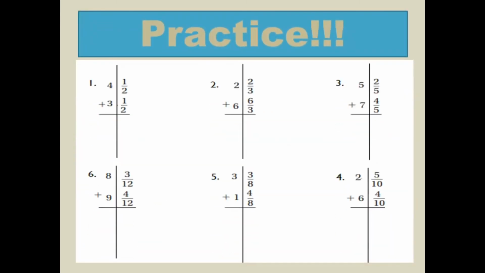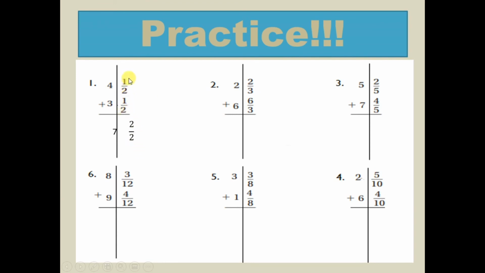Let's practice. 4 1/2 plus 3 1/2. How to add? We go from right to left. So add. Look first. Do we have the same denominator to add fractions? Yes, it's 2 in both fractions. So what is the rule again? Keep the denominator, add the numerators. So what is the denominator? 2.